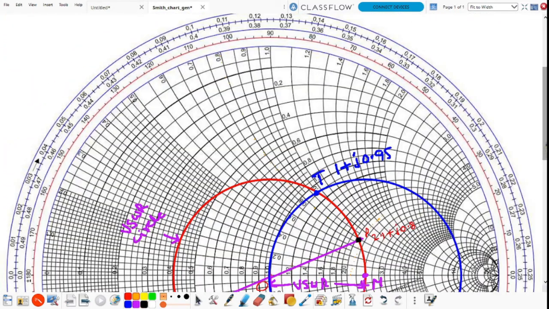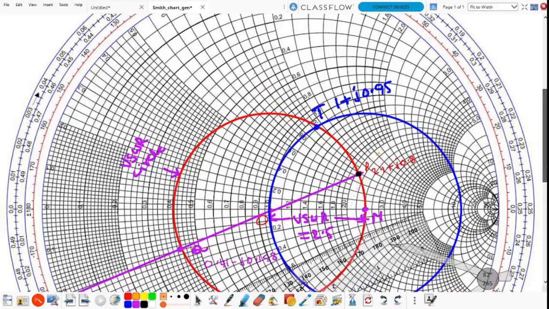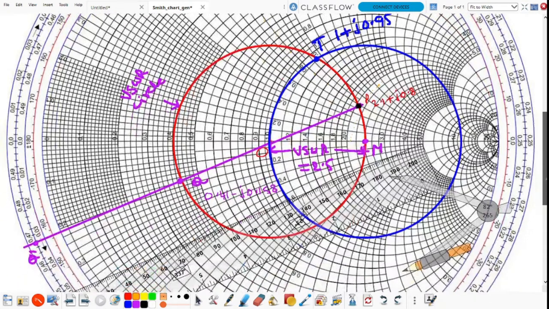First, determine the location of the stub on the transmission line from the load. How to calculate the location of the stub on the transmission line from the load? The line OQ is extended on the outer circle rim, and that outer circle rim crossing point is considered as Q dash.